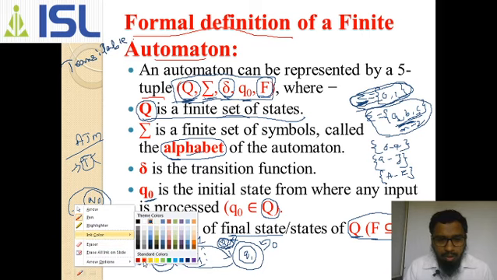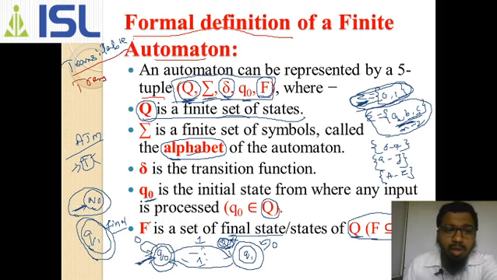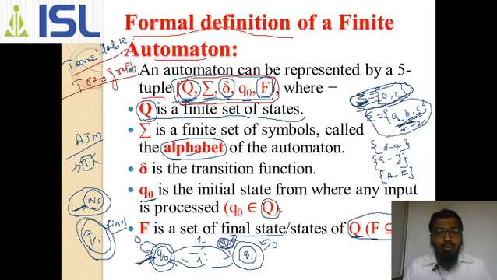I will take red. Transition table, and you can make the transition graph with the help of these 5 tuples. So what is the Q? Quickly review, because in DFA also we are going to see these same tuples.